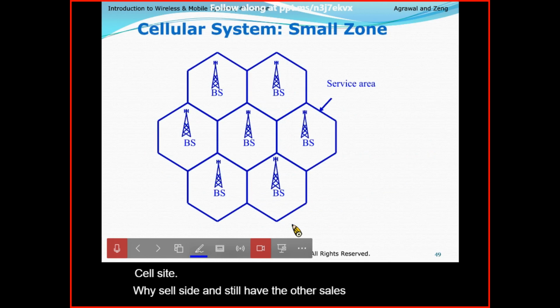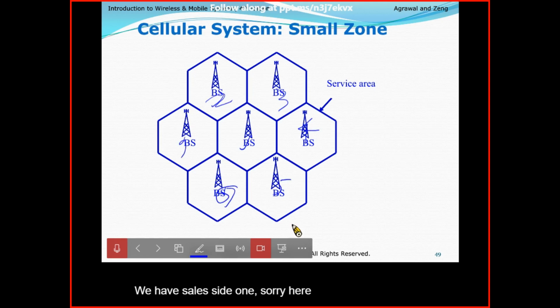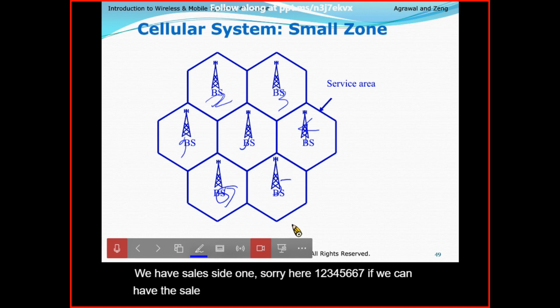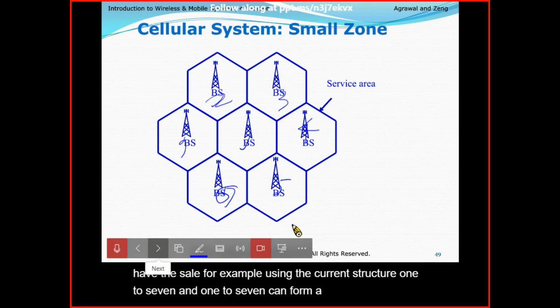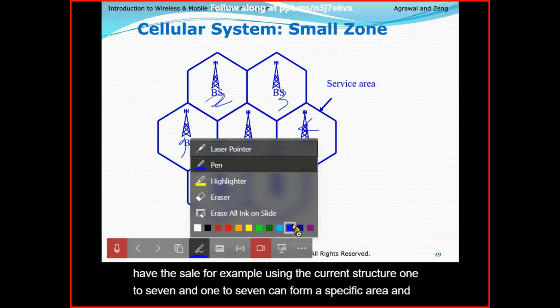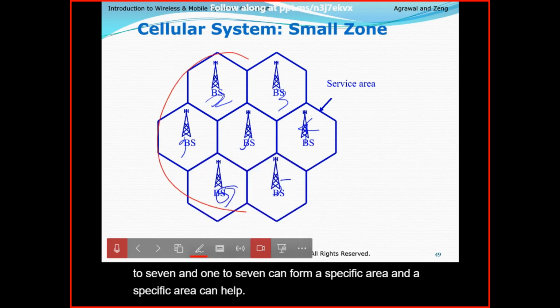So we'll have cell site 1, 2, 3, 4, 5, 6, 7. If we can have the cells, for example, using the current structure 1 to 7, and 1 to 7 can form a specific area, and the specific area can share all the resources, radio resources.